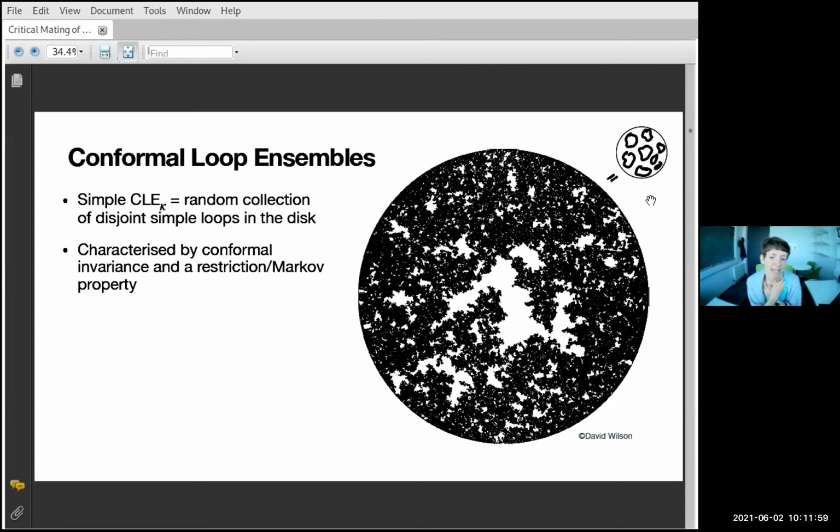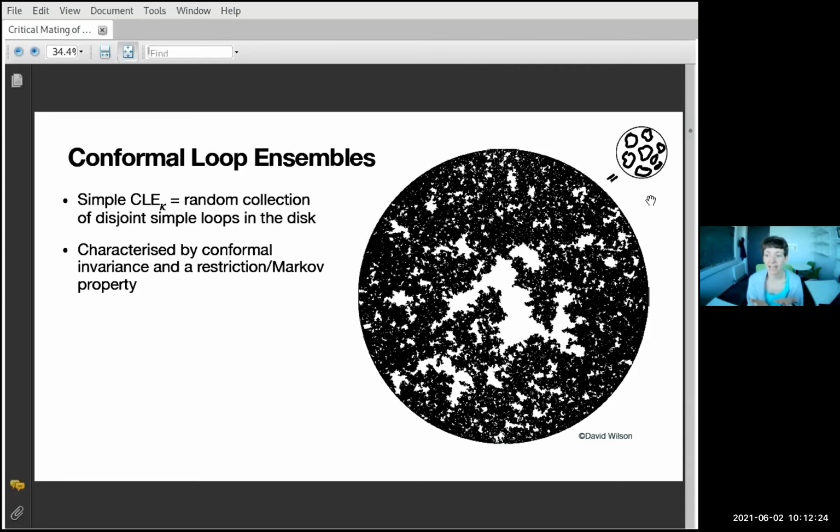What this means in this context is that if I have a CLE in the unit disk of the complex plane and I apply a conformal map from the unit disk to itself, then if I look at the law of the image of the CLE, this will have exactly the same law as the CLE itself.